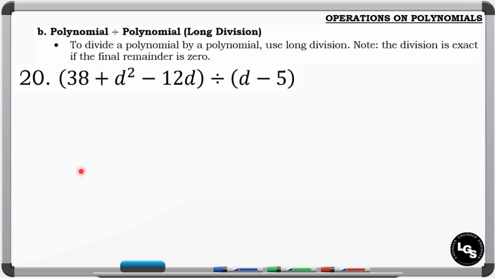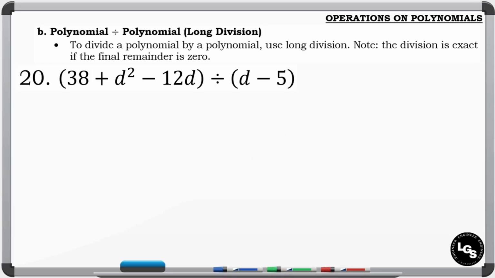Remember, we should arrange it from the highest degree until the lowest degree, both for the dividend and for the divisor. So let's arrange this. For the dividend, we have d squared as the highest degree or the leading term.